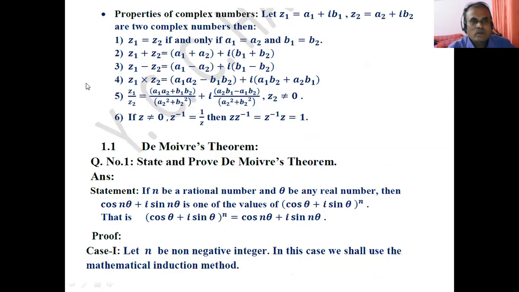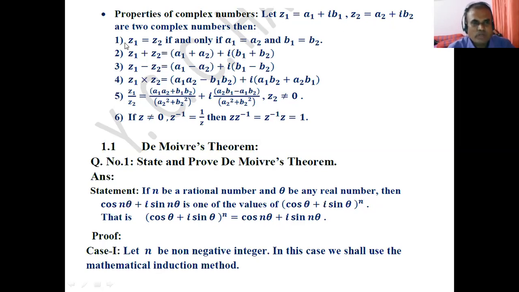Now next, properties of complex numbers. Let z1 equal to a1 plus ib1 be the first complex number, and z2 equal to a2 plus ib2 the second complex number, where a1, b1, a2 and b2 are any real numbers. Okay, z1 and z2 are two complex numbers.